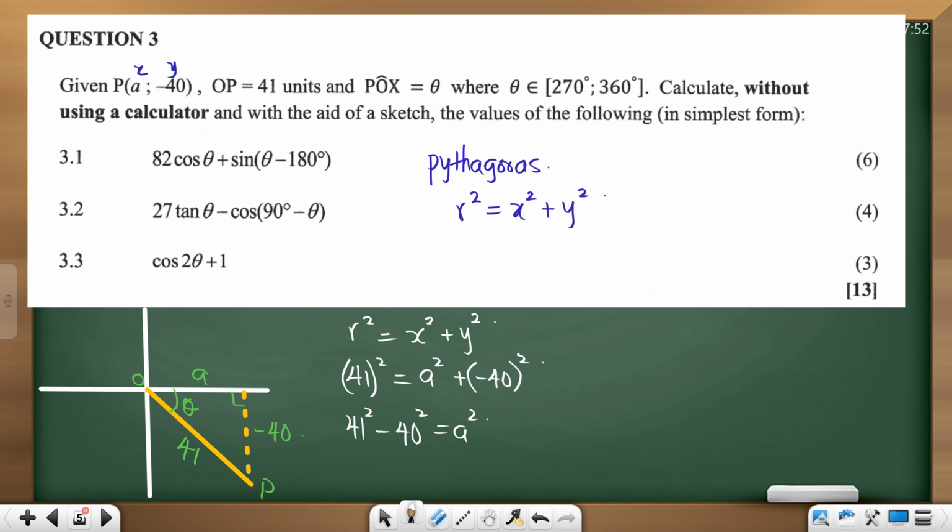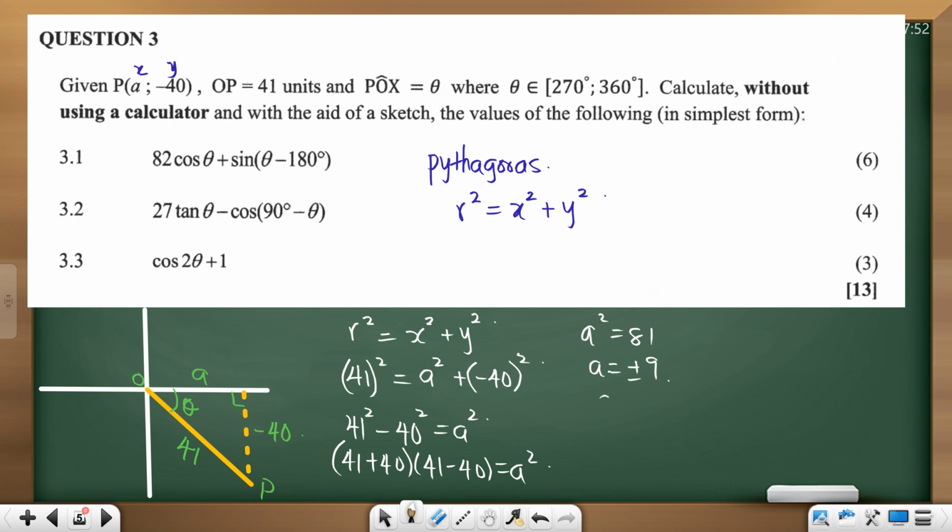Right? So can I do it without the calculator? This is difference of two squares. 41 plus 40 times 41 minus 40 equals A squared. What is 41 plus 40? 81. 41 minus 40? 1. So A squared equals 81. What's the square root? It's plus or minus 9.